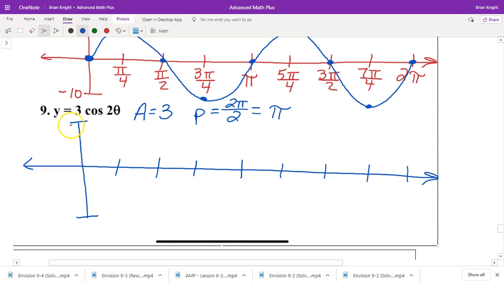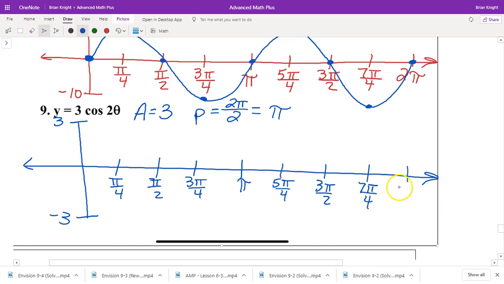What am I going to label the top up here? 3. And the bottom would be -3. And this is again pi over 4, pi over 2, 3 pi over 4, pi, 5 pi over 4, if your period is pi.